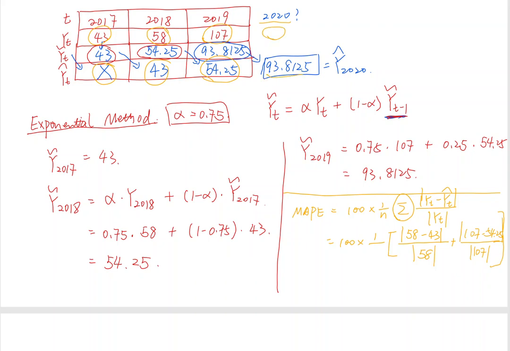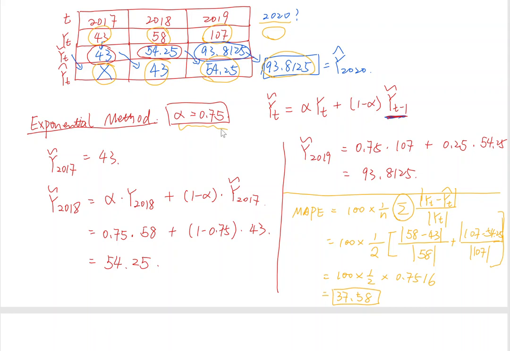You don't have the pair. Although you have the yt hat, you don't have the observed value yt, right? So we only have these two terms. Then what is n here? It will be 2. All right, so after you calculate this, it will be 100 times 1 over 2 times 0.7516, and then MAPE will be 37.58. So this is the MAPE for the exponential method with alpha equals 0.75.